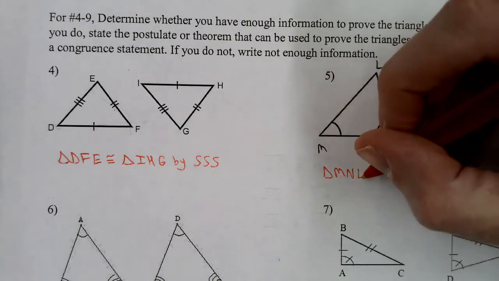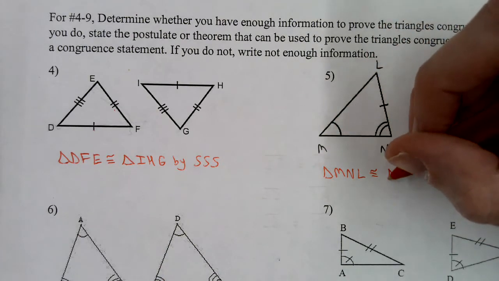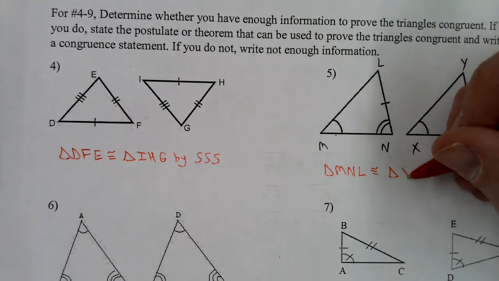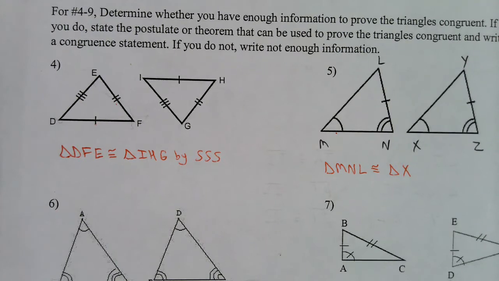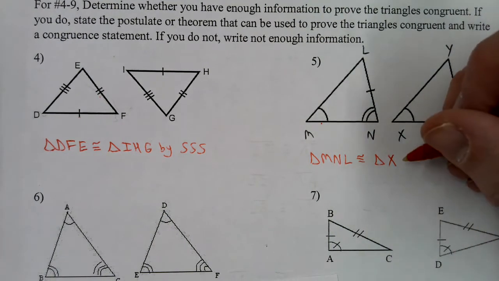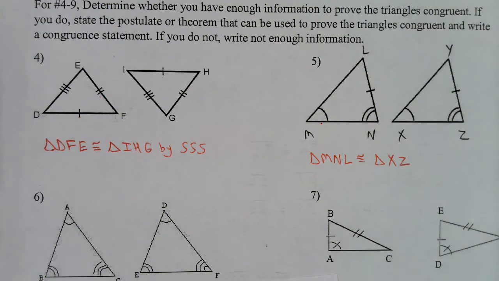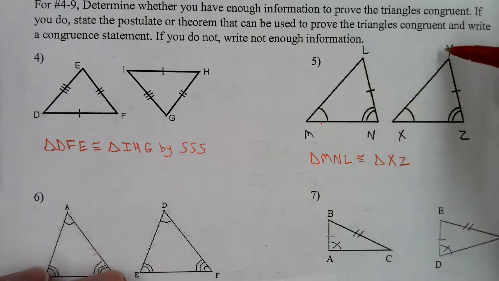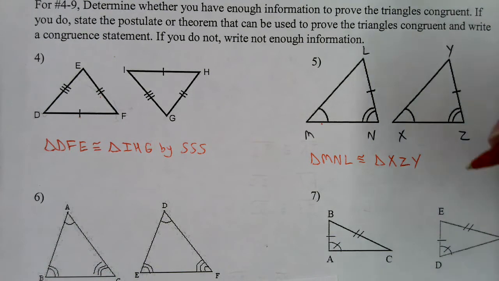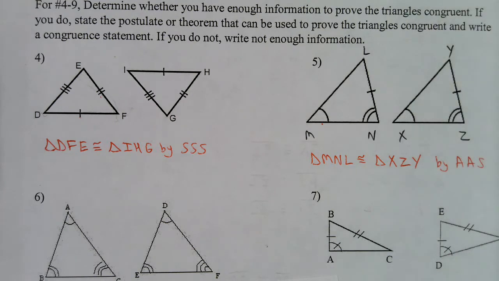It's easier to match them up when you have the angles labeled with a certain number of arcs, because you can easily see that M corresponds to X. So if M is first, X has to be first. N corresponds to Z, so if N is second, Z is going to be second. And that means L corresponds to Y. Then you're going to say by angle, angle, side.